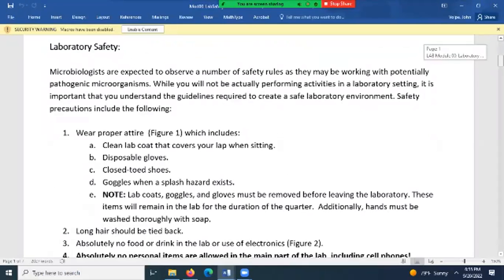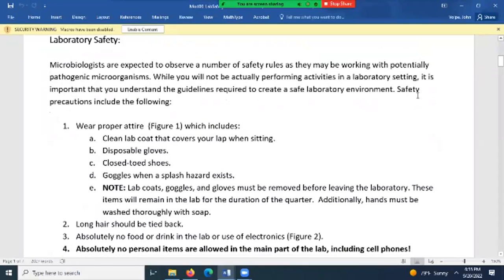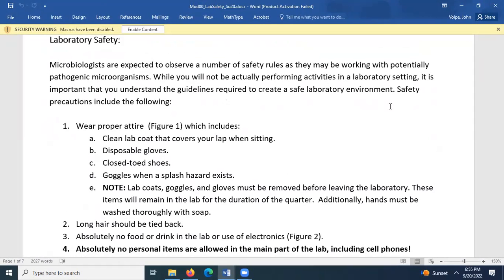In laboratory safety, it is expected that microbiologists observe a number of rules to work with pathogenic microorganisms safely. You're not going to be actually performing any of these activities in the lab, but it's important to understand the guidelines to create a safe laboratory environment.